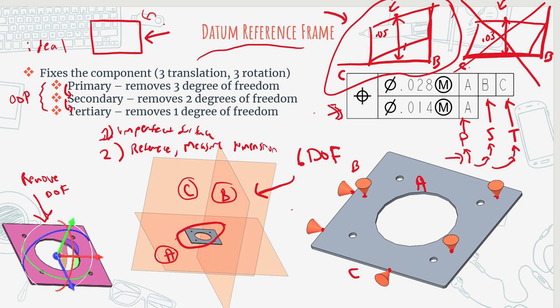So you don't necessarily have to define 3 different datum planes. All you really need is 6 points in order to define your 3 datums, and that will fully constrain all 6 degrees of freedom on your part, and at that point you have defined your datum reference frame.